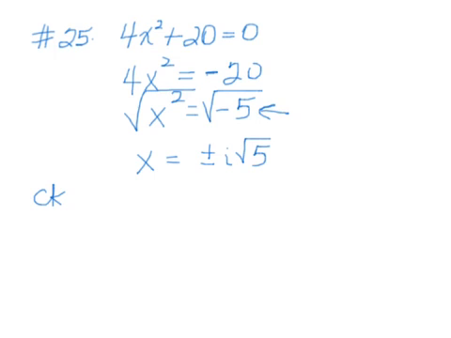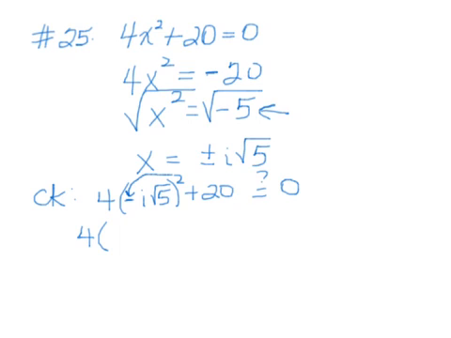So why don't we check the negative one? And we'll put the negative i square root 5. And see if we add those together, if we get a 20. Or we get a 0, actually, right here. So what we have is 4. Now we're going to distribute this 2 to the negative. That makes it positive.